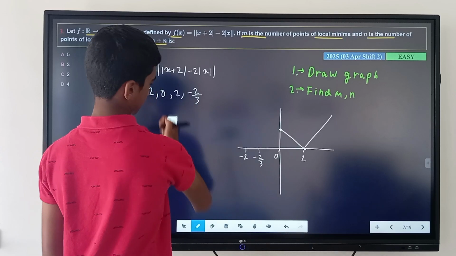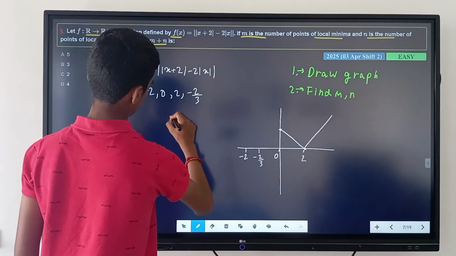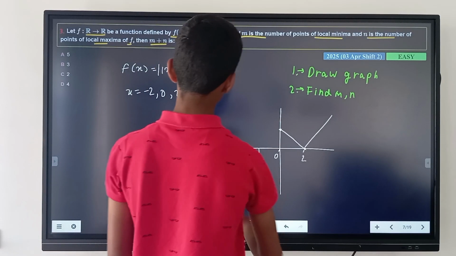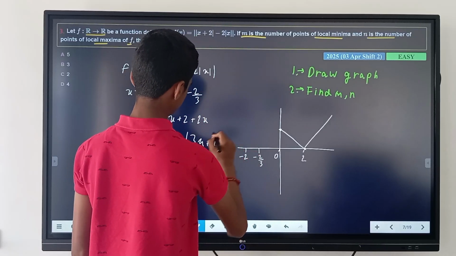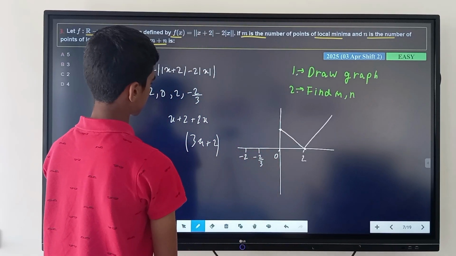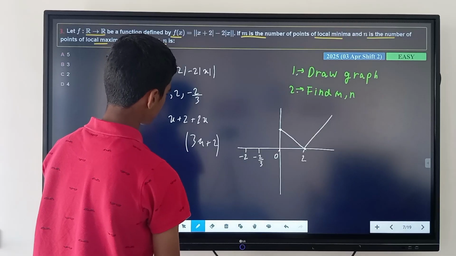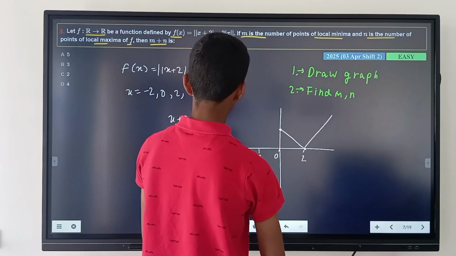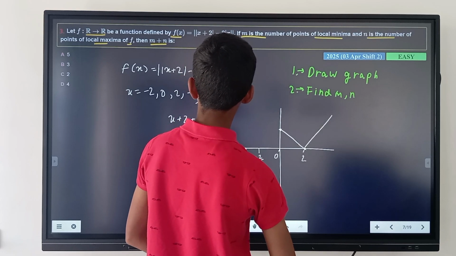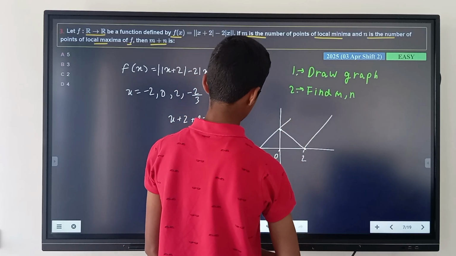And when x is between 0 and minus 2 by 3, this will open with positive and mod of x will open with negative. So, x plus 2 plus 2x, 3x plus 2 with a mod. Now, the original graph for y is equal to 3x plus 2 will be at x 0, then y 2. The original graph of y is equal to 3x plus 2 will be like this.